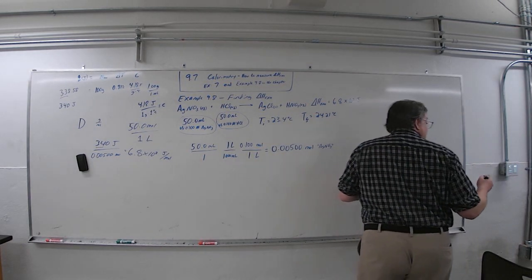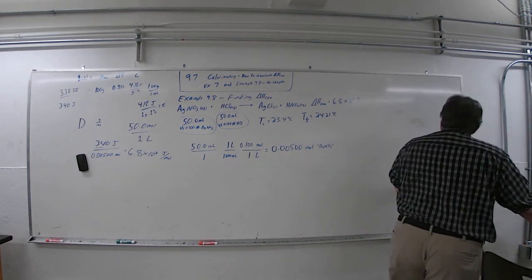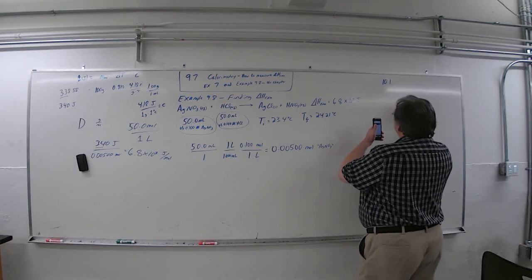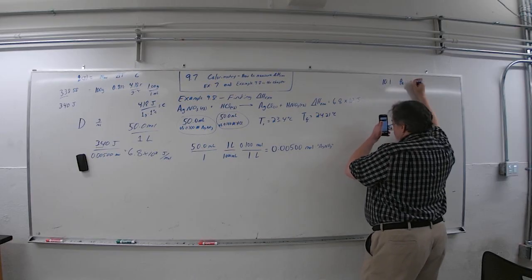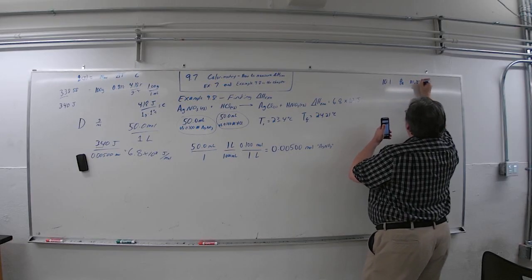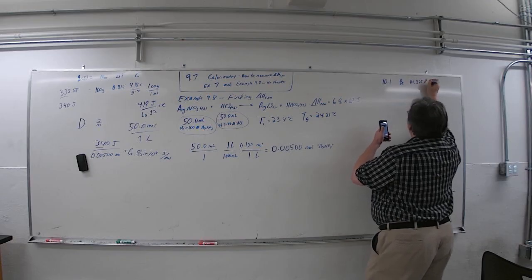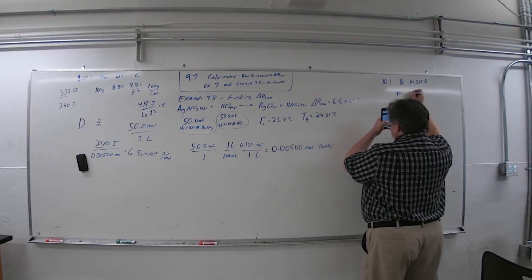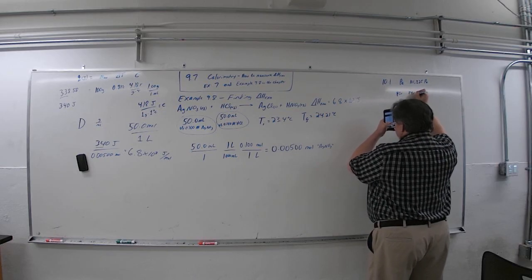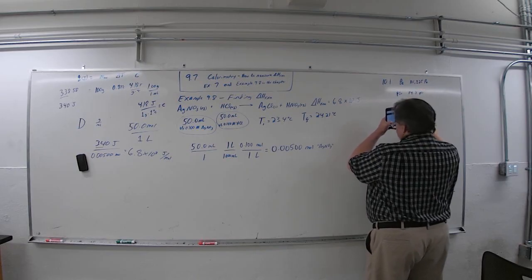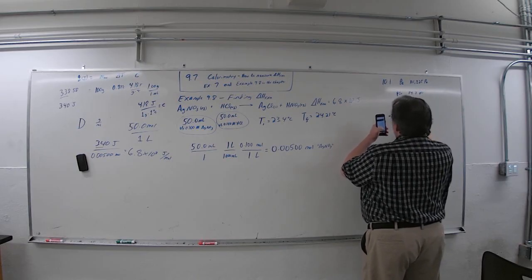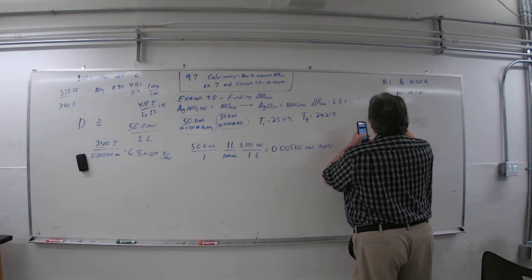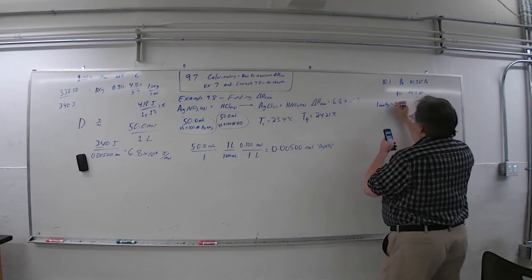But I have this table 10.1. I'll give you these on the test, but there's something called the Pascal. There's pounds per square inch. I'll tell you what these numbers are here. There's the torr. One torr is also one millimeter of mercury.